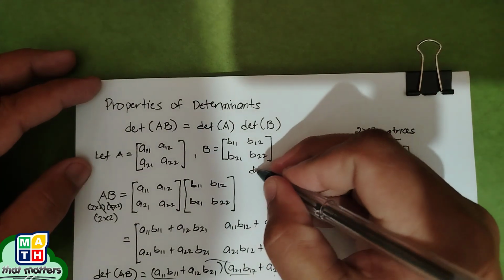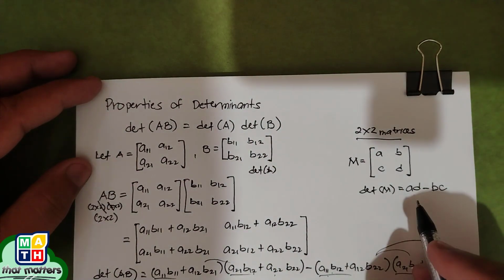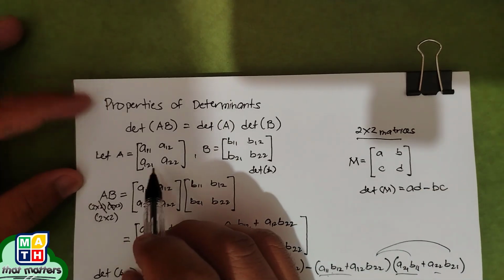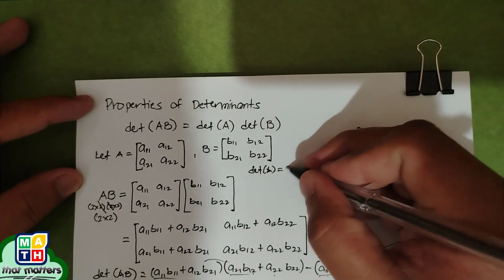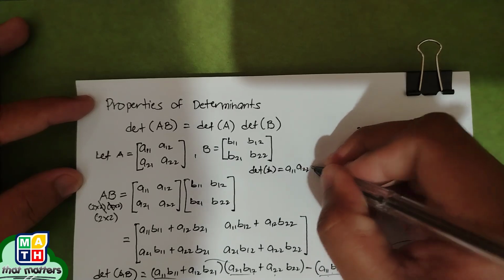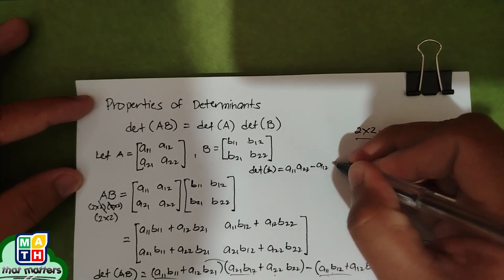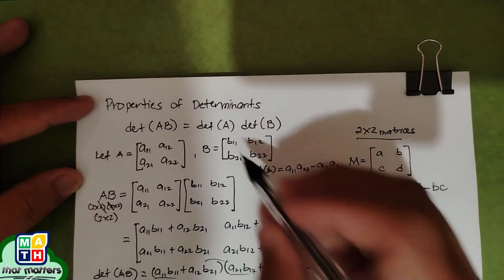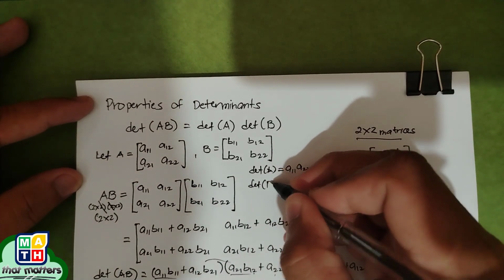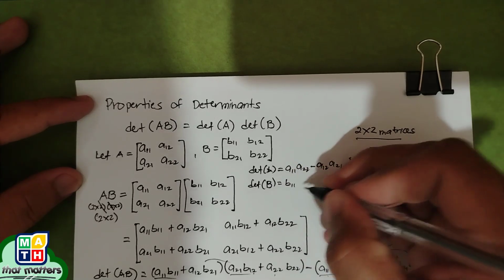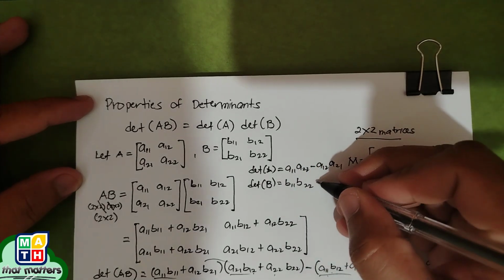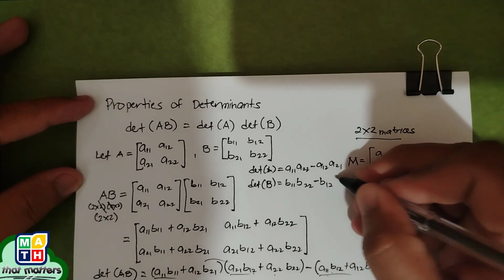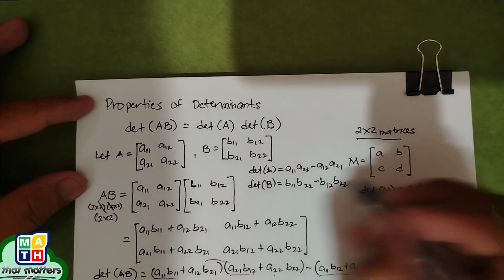The determinant of A, using the entries here, is equal to A11, A22 minus A12, A21, right? Product of this minus product of that. For determinant of B, you have B11, B22 minus B12, B21. So take note of that.